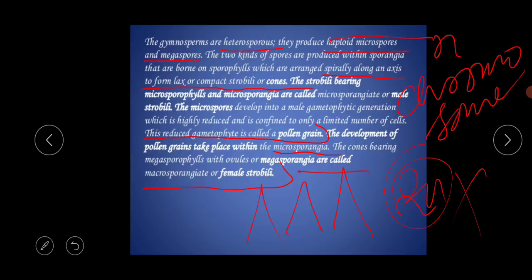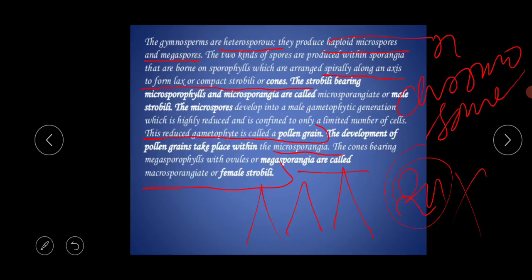Unlike bryophytes and pteridophytes, in gymnosperms the male and female gametophytes do not have any independent free-living existence. They remain within the sporangia retained on the sporophytes.